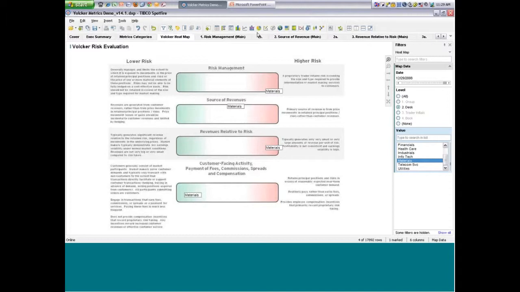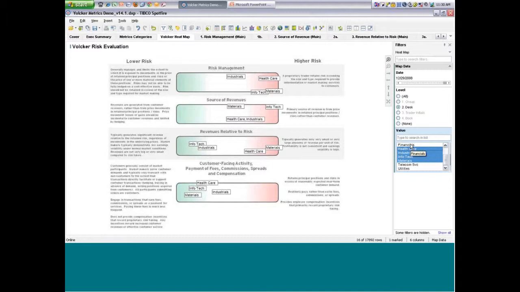What you're seeing here is one value highlighted at a desk level. This is the materials desk, and you're able to see how the materials metrics show up relative to its peer group. If we add some of the different desks to this discussion, we can start to see how different industry desks are looking from a Volcker perspective relative to their peer group.